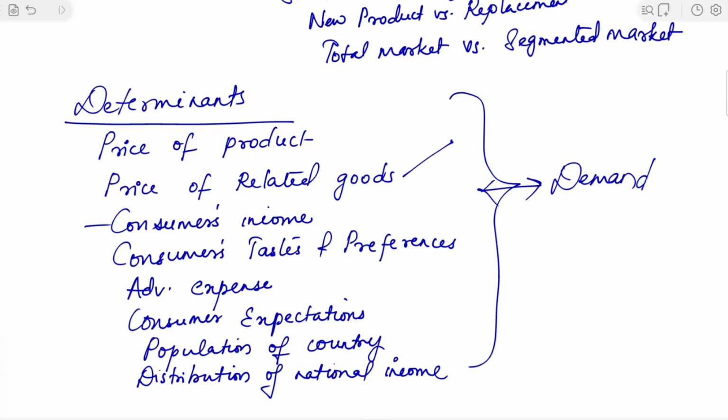Say for example, salt: the consumer's income and so on do not affect its demand. But if you talk about something like lace, or luxury goods, then consumers' tastes and preferences and income matter. So not all goods have the same determinants. Similarly, some of these determinants have a positive impact on the demand, whereas some of them have a negative relationship with the demand.